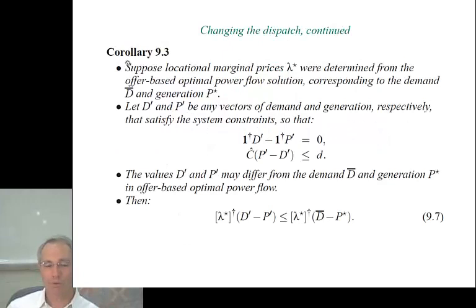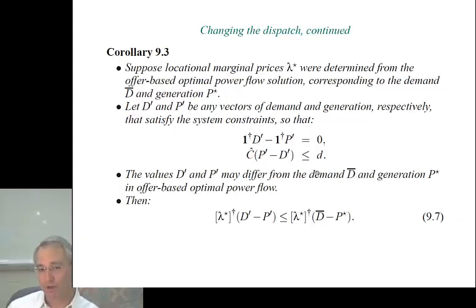So, we get the following corollary. Let's suppose the LMPs were determined from offer-based economic power flow corresponding to demand D overline and generation P star. Let's suppose D primed and P primed are any vectors of demand and generation respectively that satisfy the system constraints. So we've got power balance and inequality constraints. They can differ.